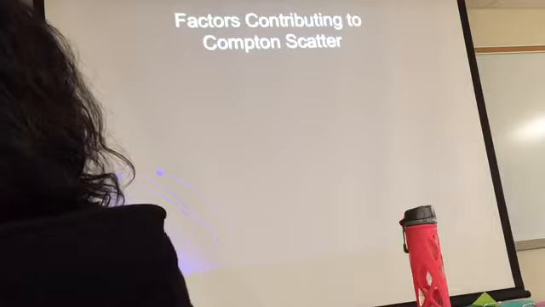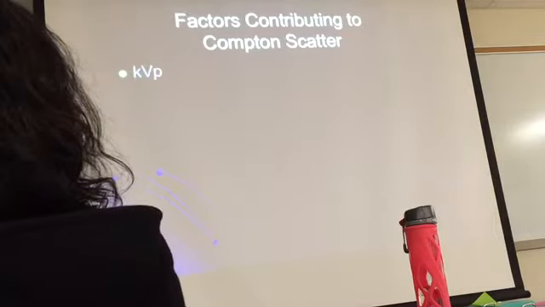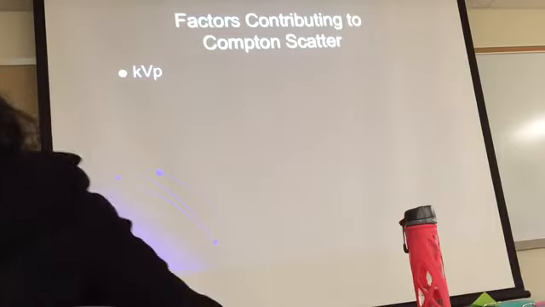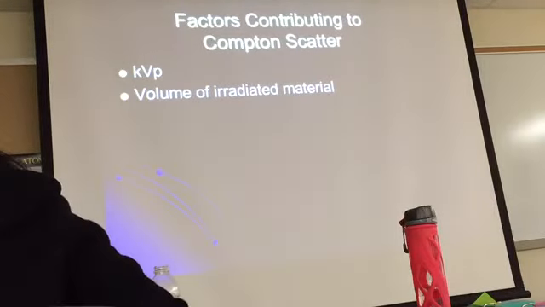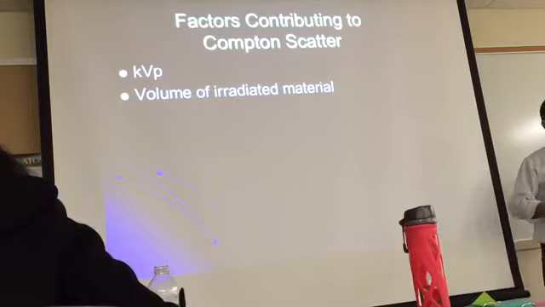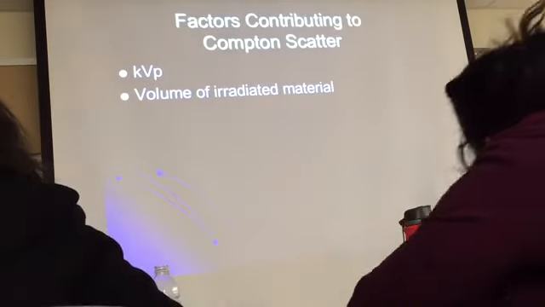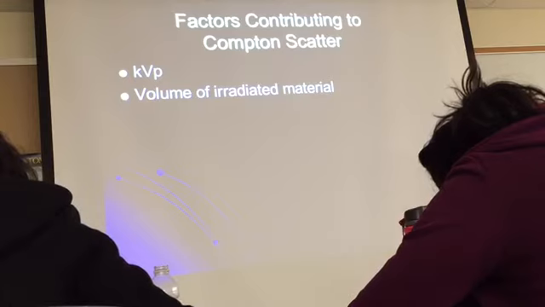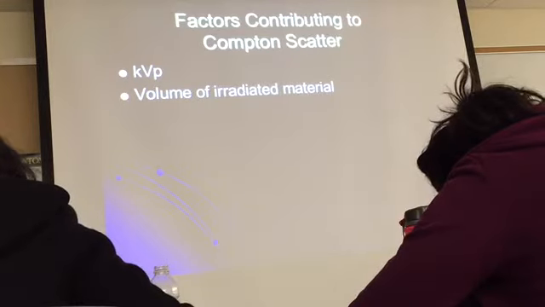The first culprit here is kVp. Next is going to be the volume of irradiated material. The more tissue, the more material, that you have to irradiate, the more scatter radiation you produce.